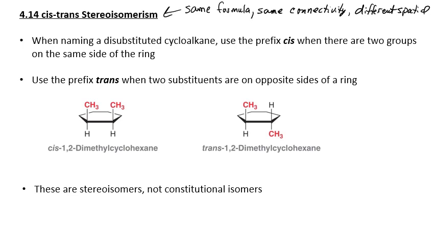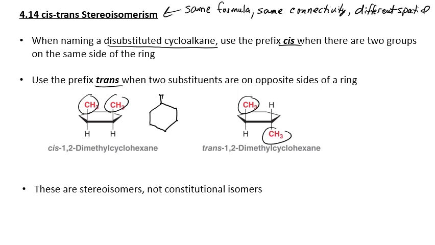So we've got two forms of a disubstituted cyclohexane. That's the cis and the trans. Cis is when your substituents are on the same face of the ring. Trans is when your substituents are on opposite sides. If I wanted to draw a Lewis structure for this, I could put in my substituents just like this.